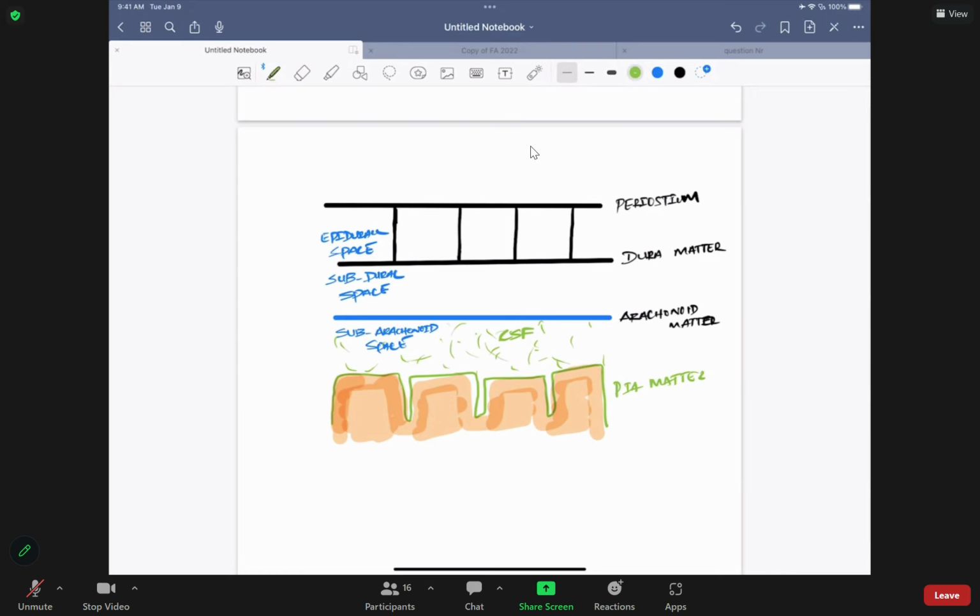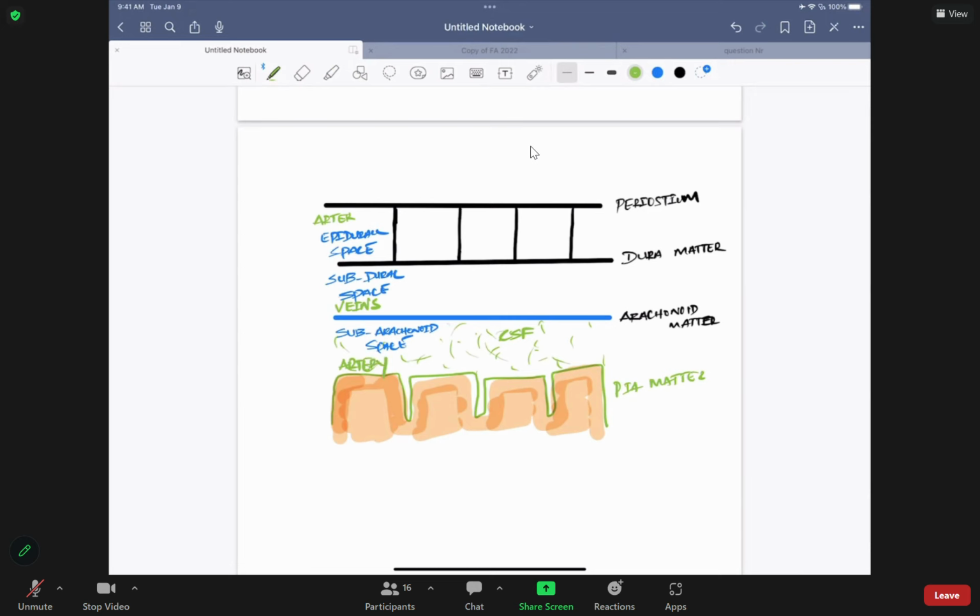In epidural space, you have artery. These are meningeal arteries. Subdural space, we have veins. Subarachnoid space has again arteries. What arteries? Cerebral arteries.